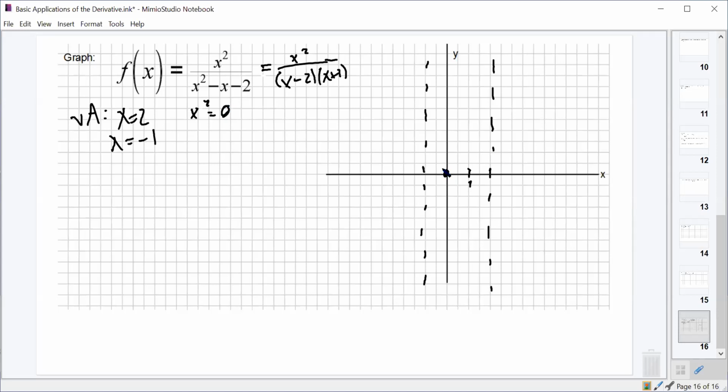True? Obviously, we're not going to have any other y-intercepts. Is it possible for us to have any other x-intercepts? Possible, but do we have any? No. Right. Okay. What about horizontal asymptote?